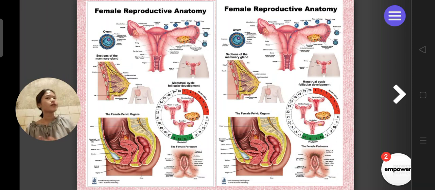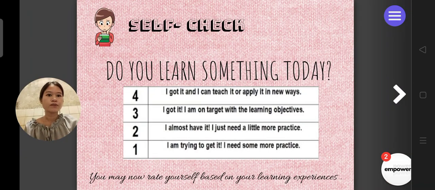So, here's our summary of our topic about female reproductive system. Kung mapapansin nyo, nandyan na yung menstrual cycle, yung internal genitalia and external genitalia, yung fertilization, the breast, the anatomy of the breast, and so on. Self-check. Do you learn something today?